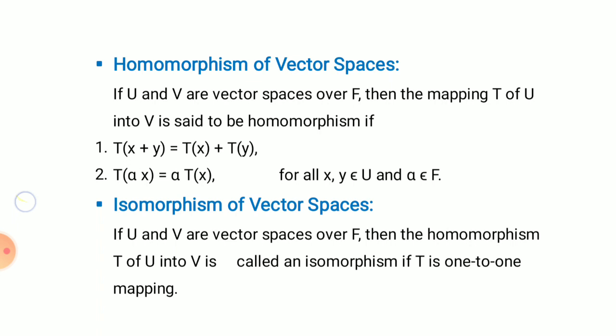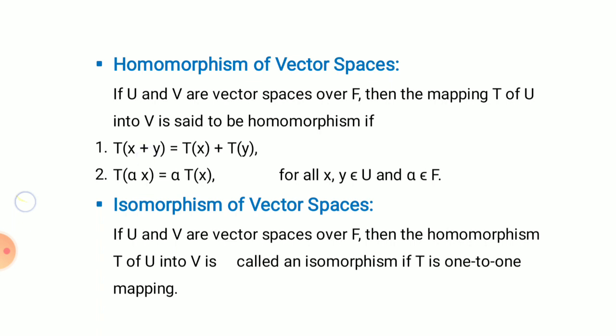But instead of the mapping T from vector space U to V, if you consider in reverse order, that means mapping T from V to U, in this case also we say that mapping T is a homomorphism if these two conditions are satisfied.